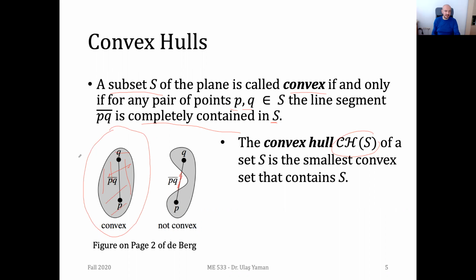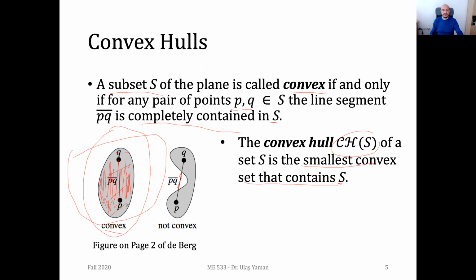I can also draw another one here, for instance. But we are looking for the smallest convex set which contains the given set S. And the given set S is this gray region, and the gray region itself is the convex hull.